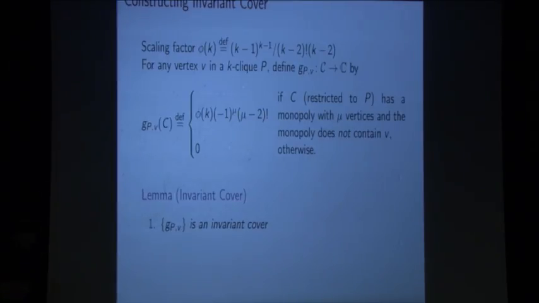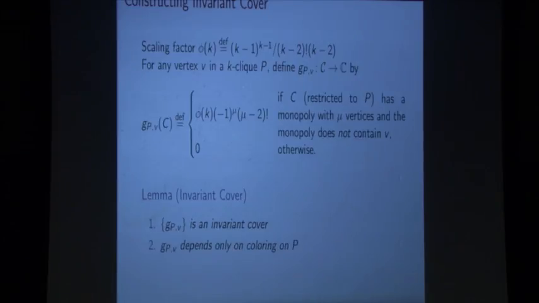When you take the inner product of the all-one vector with this vector, it will be 1. That's why we choose the scaling factor so that it will be 1 when you take the inner product with the all-one vector.